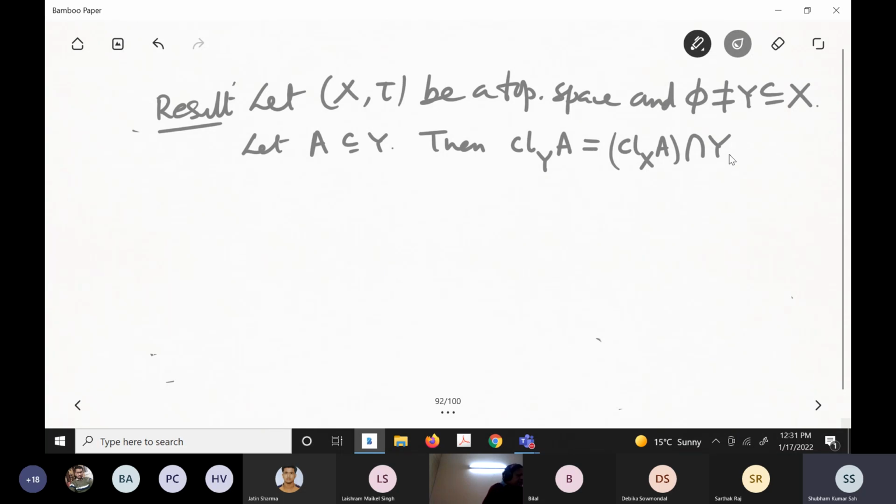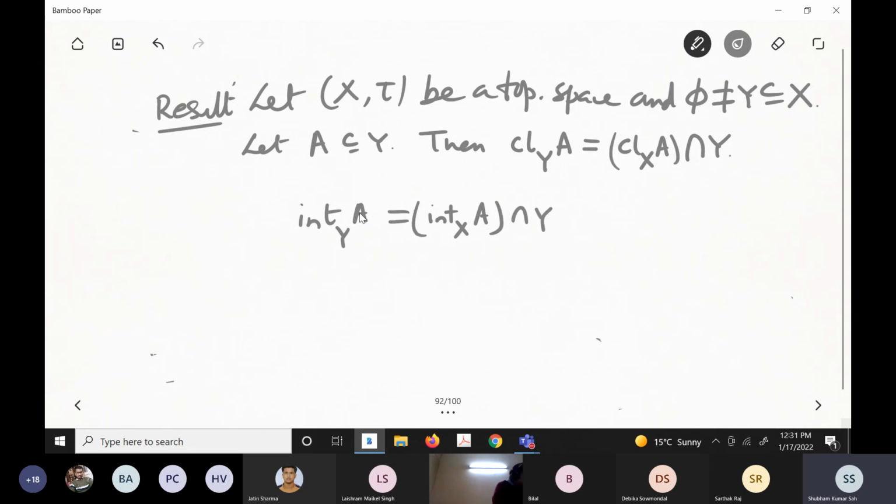Well, for interior, let us see. If I put interior, then it should be the interior of A in Y equal to the interior of A in X, intersection Y, right?